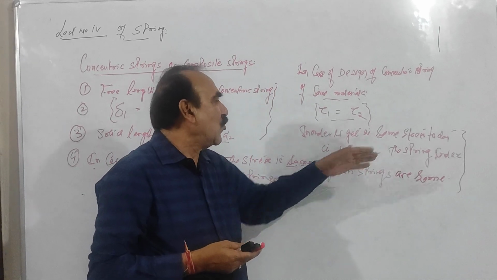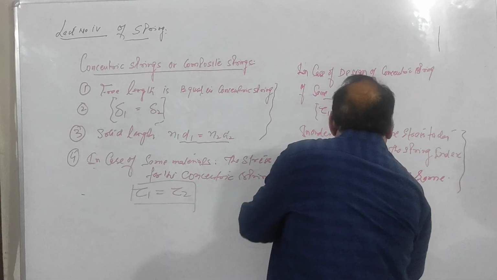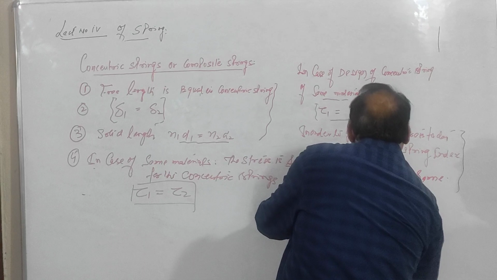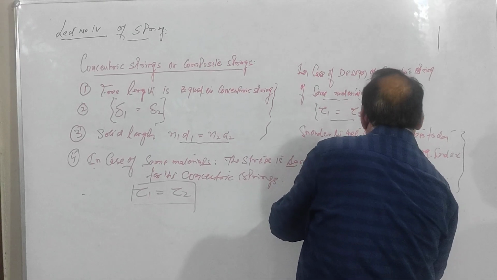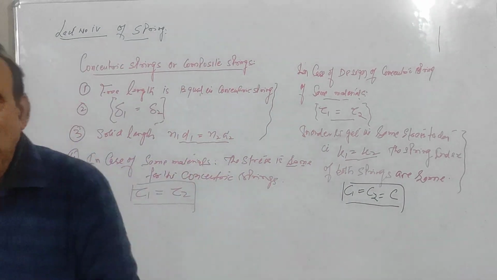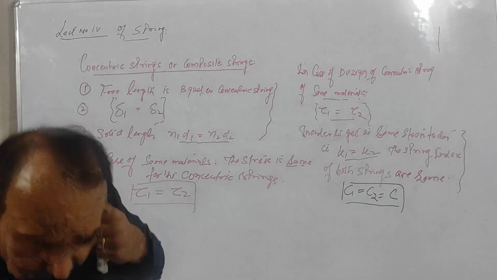What do we need? The spring index of both should be equal, that is C1 is equal to C2, equal to C, right? Did you understand this? So now let us start the design, how we will do it.